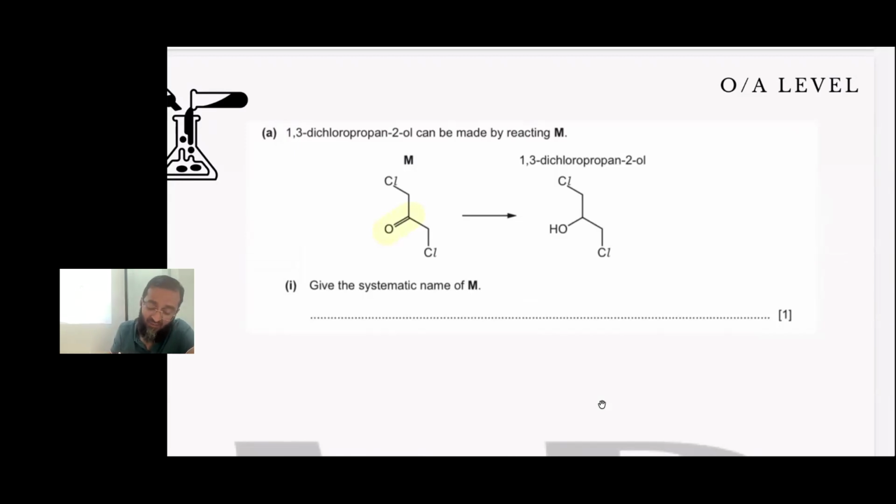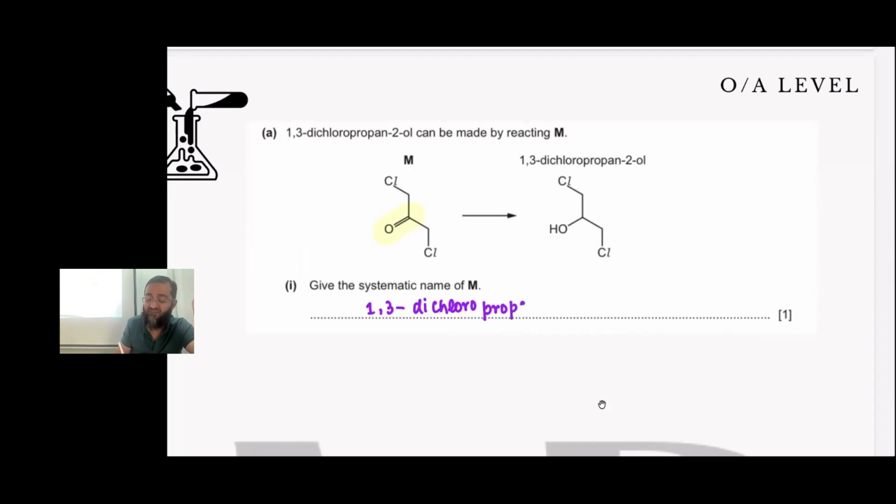So it stays 1,3-dichloro. And again, for propanone, it's not necessary to write 2-one because in propanone, there are only 3 carbons. And for a ketone, the C=O double bond must be within the carbon chain. It always stays propanone.